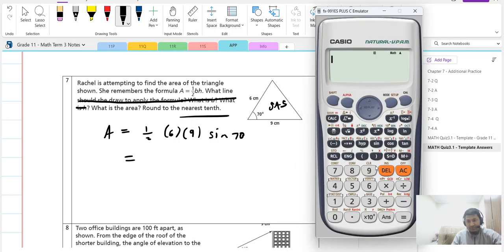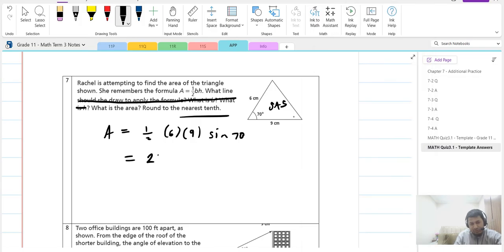Half times 6 times 9 sine 70, right? And that is 25.37, 25.4 to the nearest tenth. Round off to the nearest tenth.